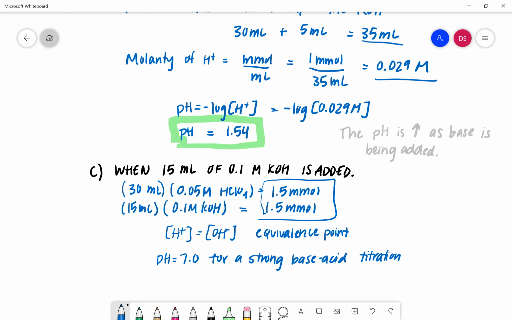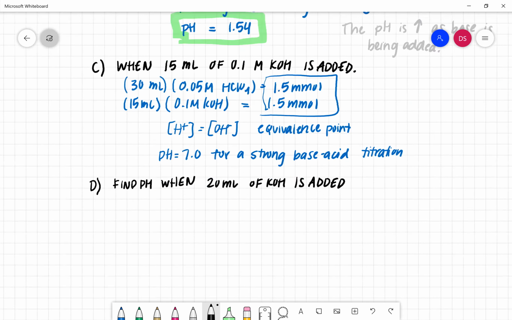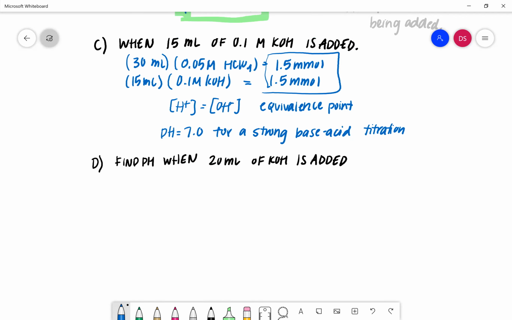All right, another example we should look at is finding the pH after the equivalence point. What would the pH be when 20 milliliters of potassium hydroxide is added? Let's start the calculations.